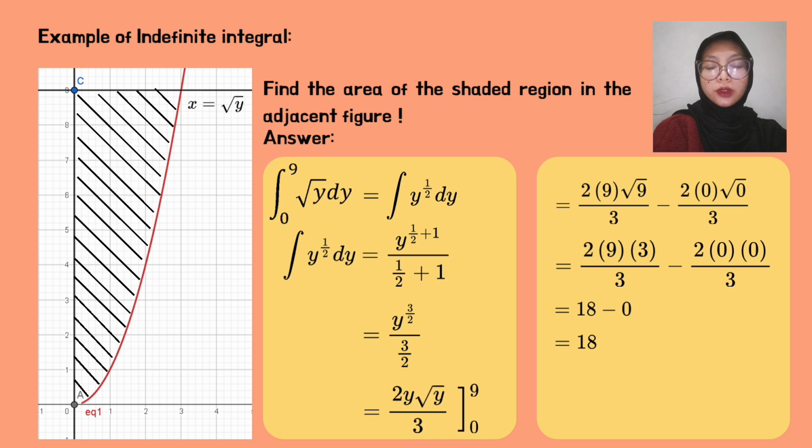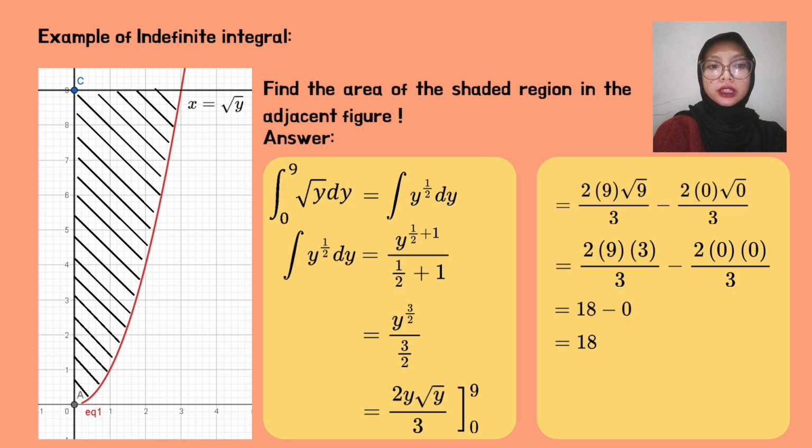Using the power rule, we increase the exponent by 1, making it y to the power of 3 over 2, and divide by the new exponent. So, the antiderivative is 2 over 3 times y to the power of 3 over 2.